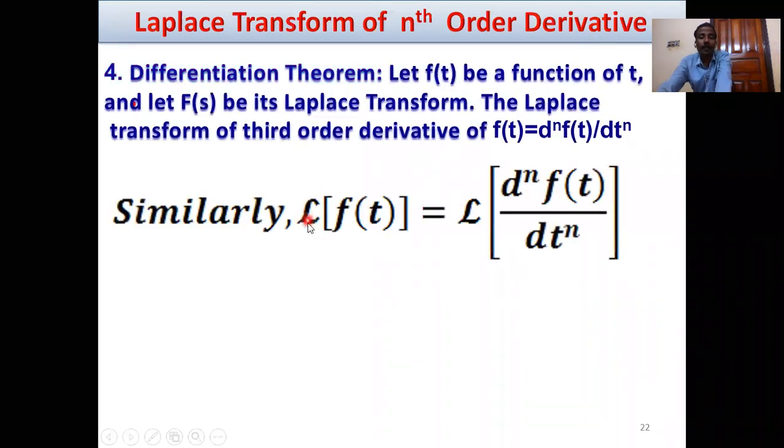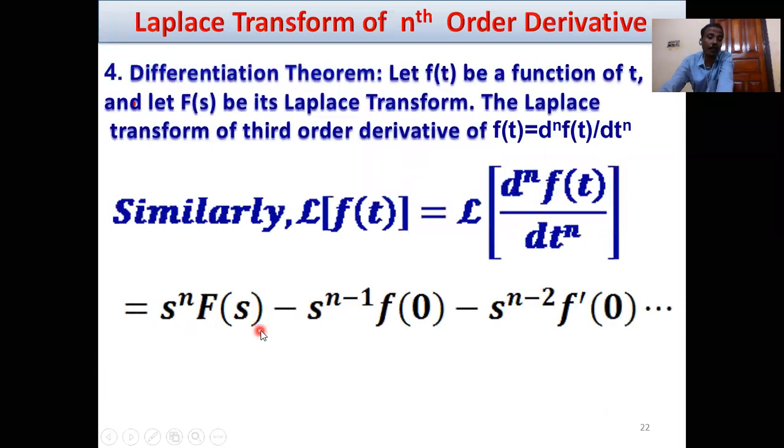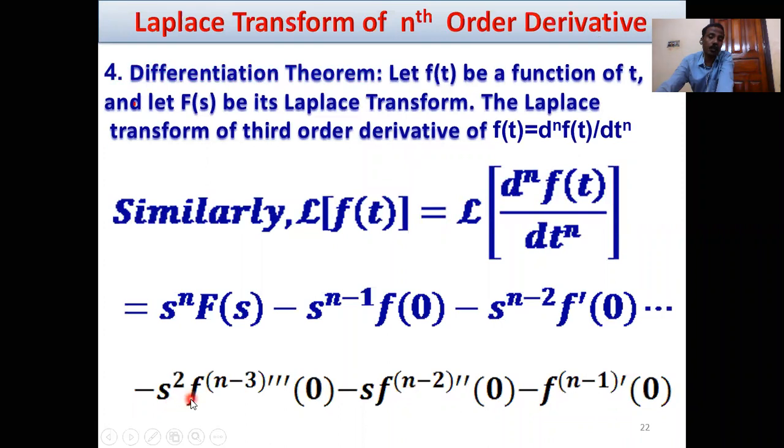Then similarly, the Laplace transform of d^n f(t)/dt^n equals s to the power n F(s) minus s to the power n minus 1 f(0) minus s to the power n minus 2 f prime(0), and so on, minus s squared f to the power n minus 3(0) minus s f to the power n minus 2(0) and minus f to the power n minus 1(0).